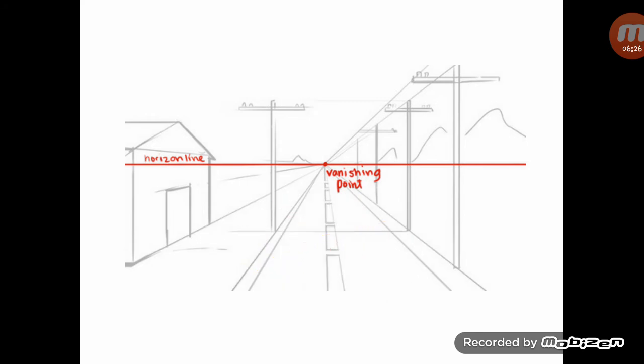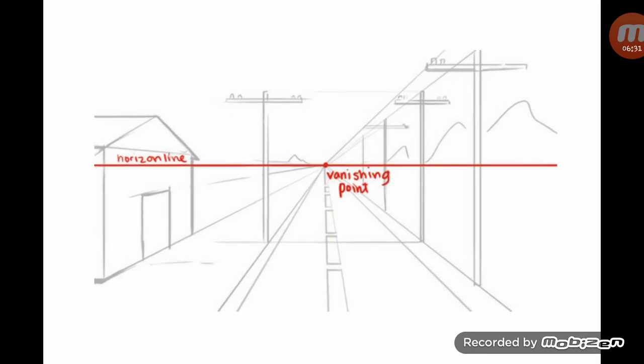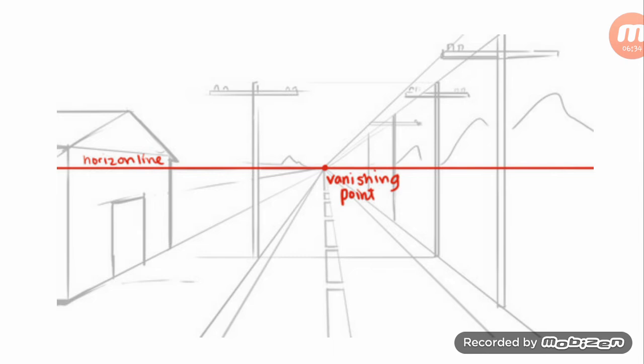Another example, you can see the vanishing point and horizon line in this drawing.